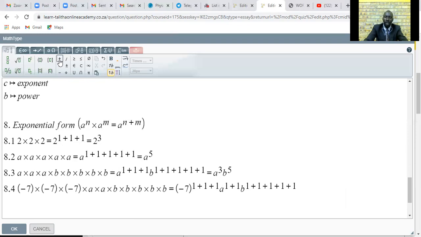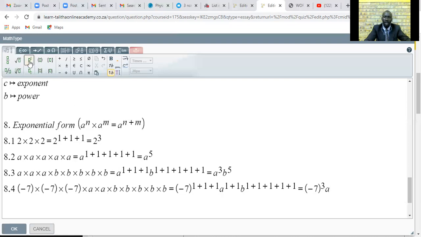At this stage, the next thing for us is now to simplify. And how do you simplify this? Well, we will then be having a -7 coming first. Then we add the exponent. And what's the exponent? Well, the exponent we add 1, 2, 3, exponent 3. Then we now have a. Notice that even if we have left this multiplication sign, it won't change anything.